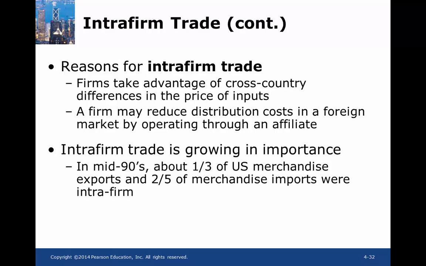A firm may reduce distribution costs in a foreign market by operating through an affiliate. Intra-firm trade is growing in importance. In the mid-90s, about 1/3 of US merchandise exports and 2/5 of merchandise imports were intra-firm.